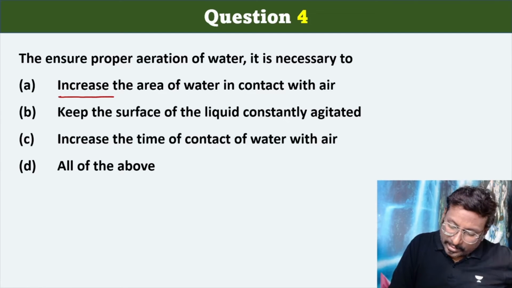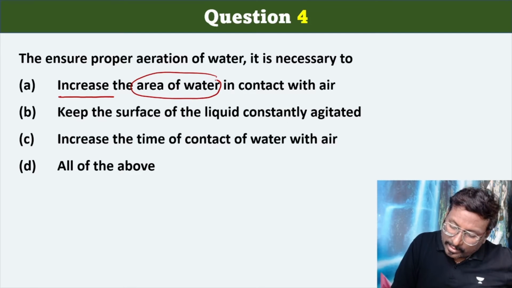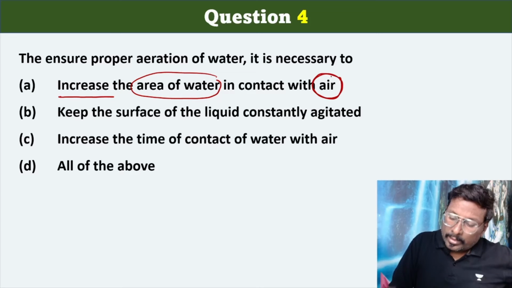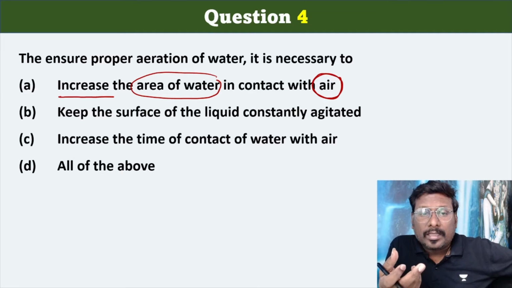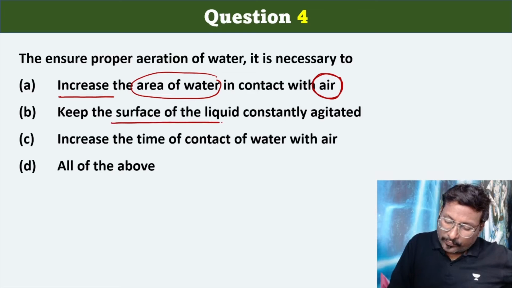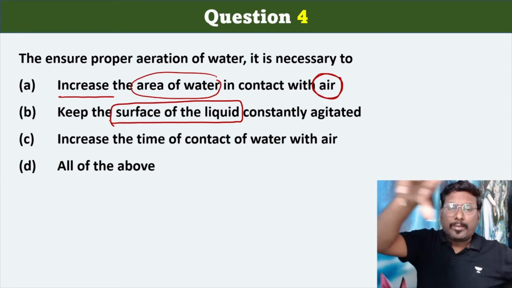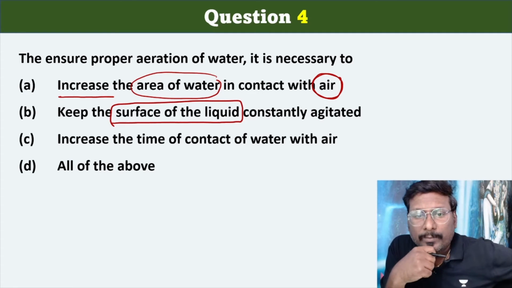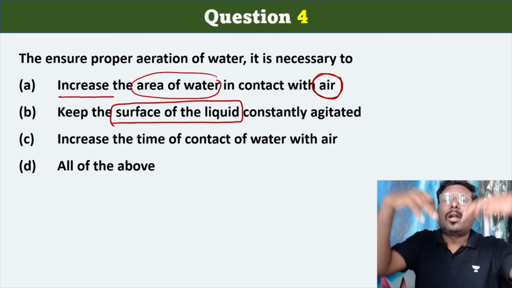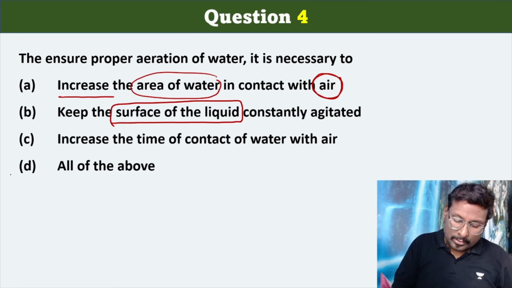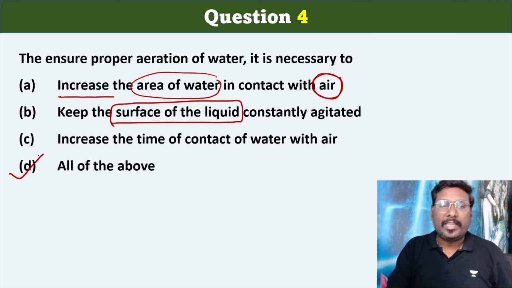If you increase the area of water which is in contact with air, that will be helpful. Then keep the surface of the liquid constantly agitated, continuously mix it. That is also helpful. Increase the time of contact of water with air, long time water is with air. So answer is option D.